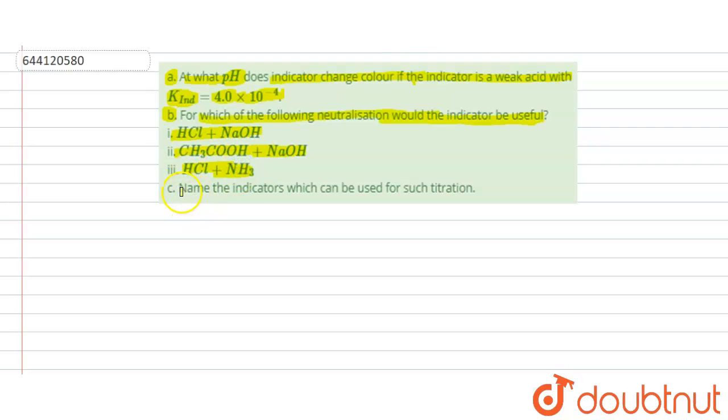Third is, name the indicators which can be used for such a titration. First we need to find the pH, then on the basis of the pH we can answer the other two questions. In general, we have these reactions for indicators.